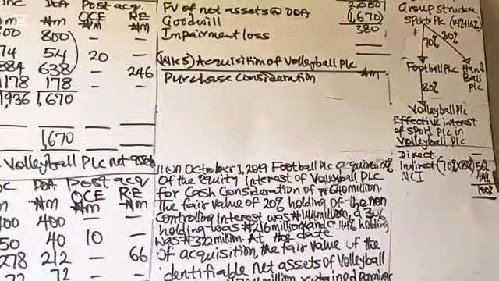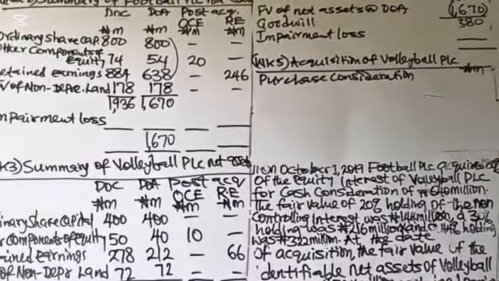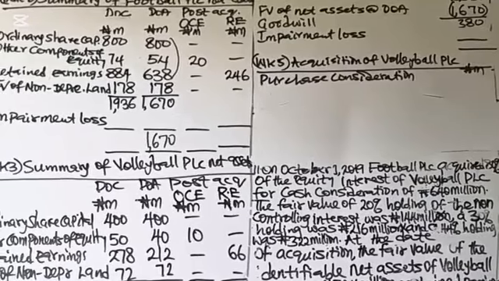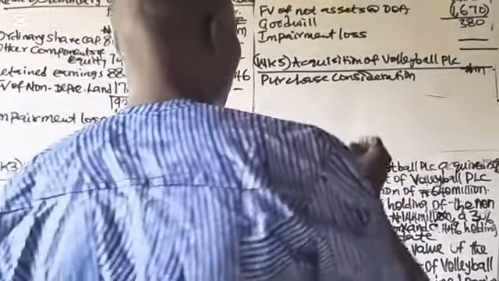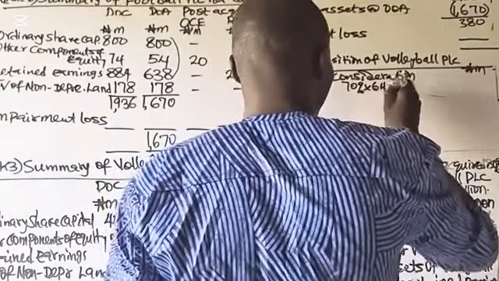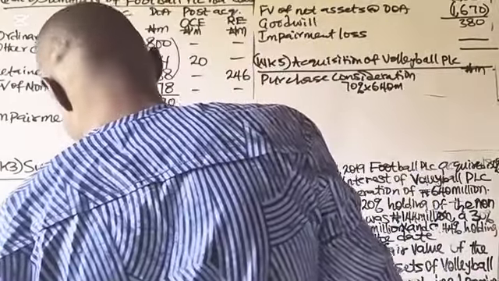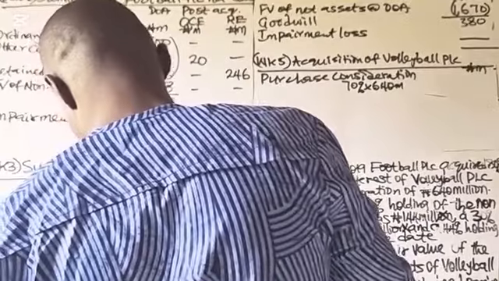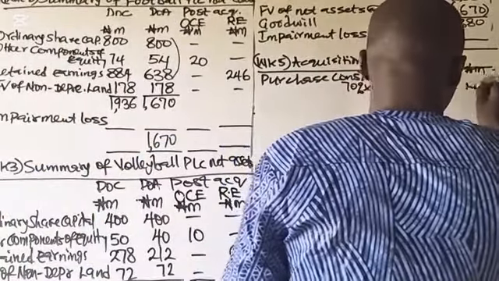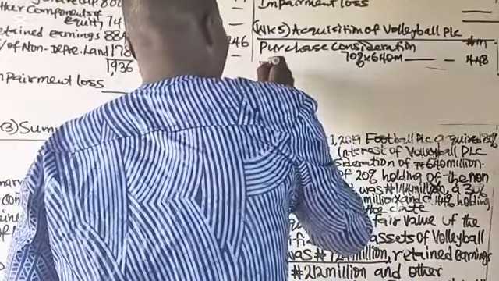Now that means Sports' share of that consideration will be 70% of 640 million. So that gives us 448 million.